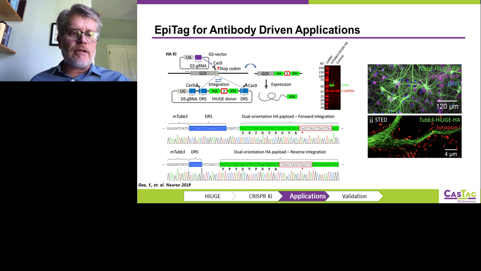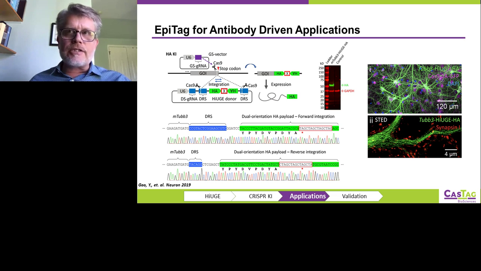Here's an example of sequencing across the junction site for the mouse beta-3 tubulin genetic locus. And you can see from the chromatograms a perfect insertion of a tag of that remaining part of the donor recognition sequence where this has been cleaved out of the payload vector, along with the HA payload that's been inserted into beta-3 tubulin.